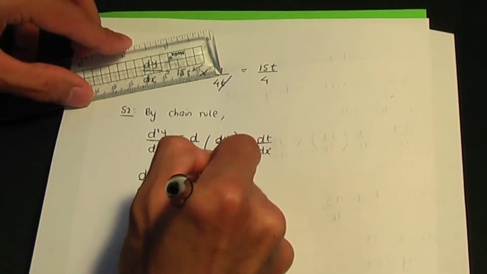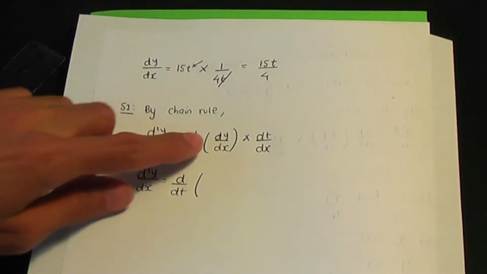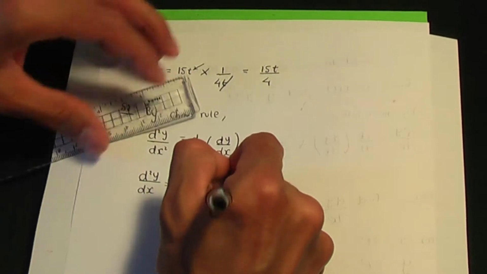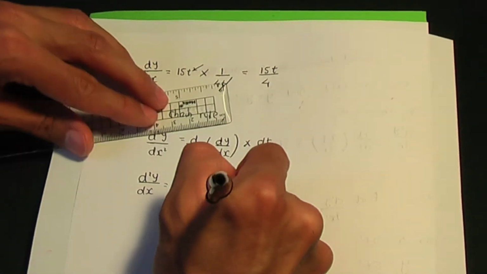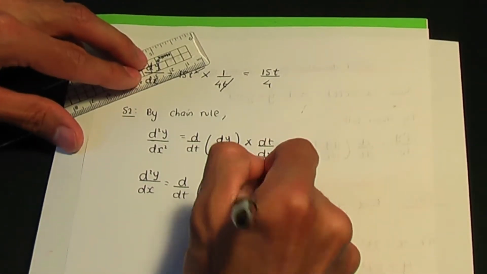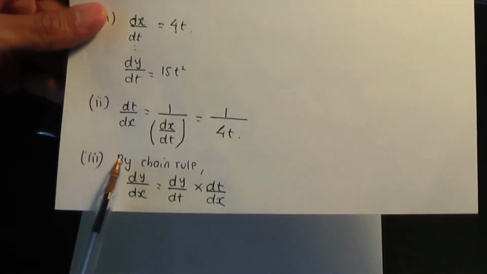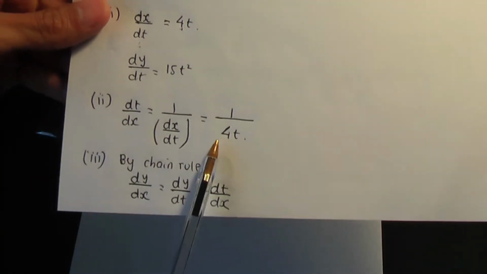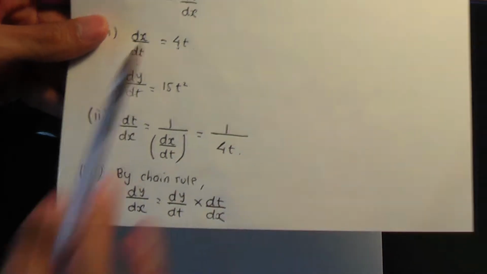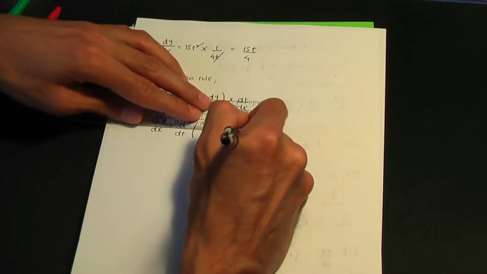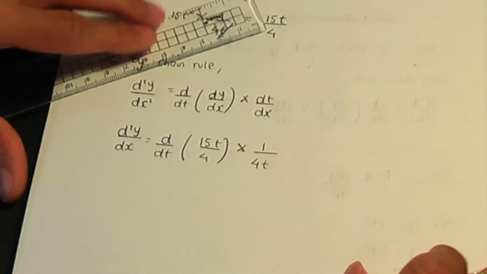Let's insert our results. dy over dx, we had 15t over 4, multiplied by dt over dx. Let's quickly remind ourselves, dt over dx, we had 1 over 4t, so let's include that here.